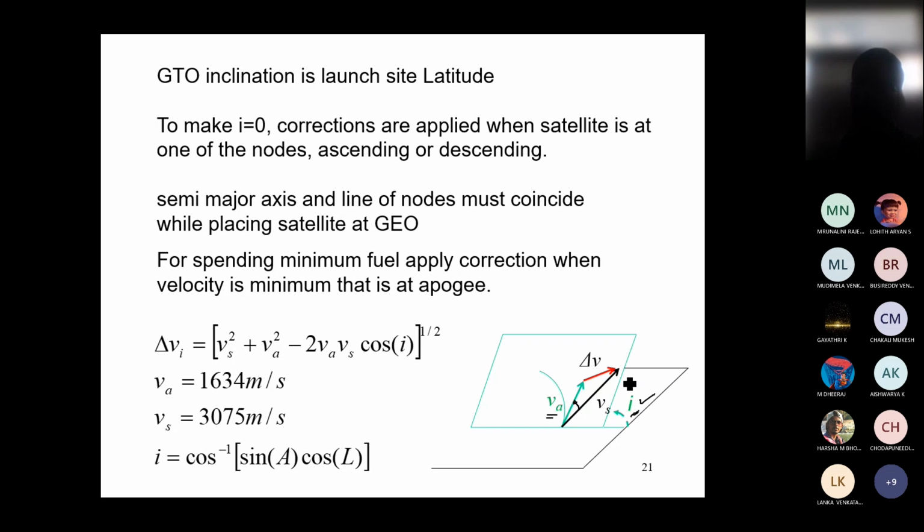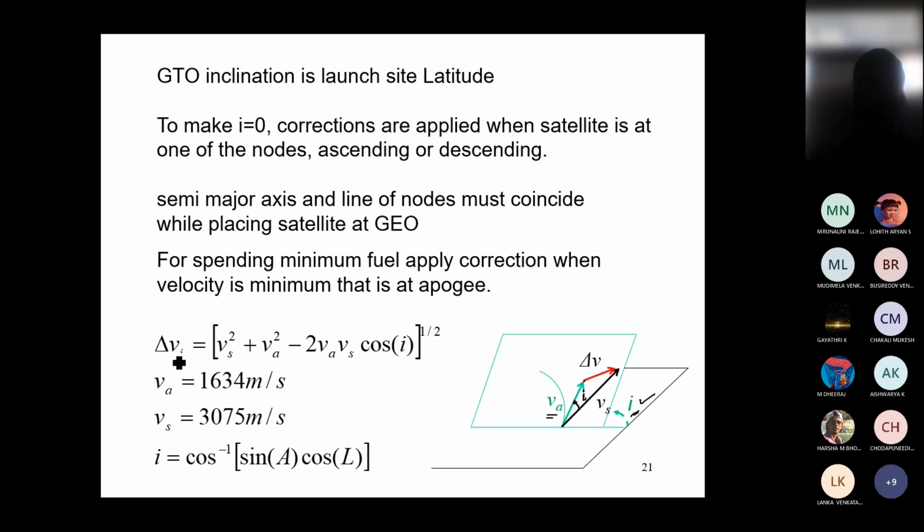So the angle I represent here is also equal to I. Now, if I make a line joining this point to this point, it will form a triangle. Now, applying the triangle law of vector addition, I can represent this vector, which is called the resultant vector. This resultant vector is nothing but my velocity change vector, or the correction vector.